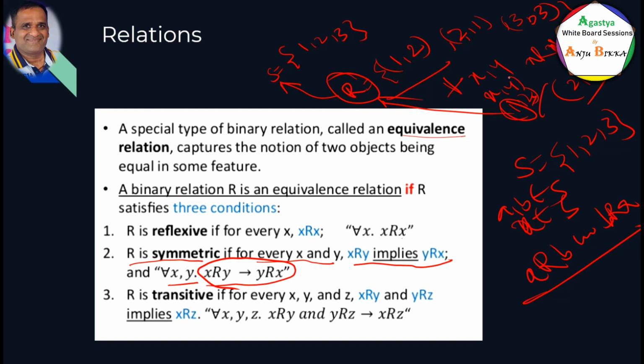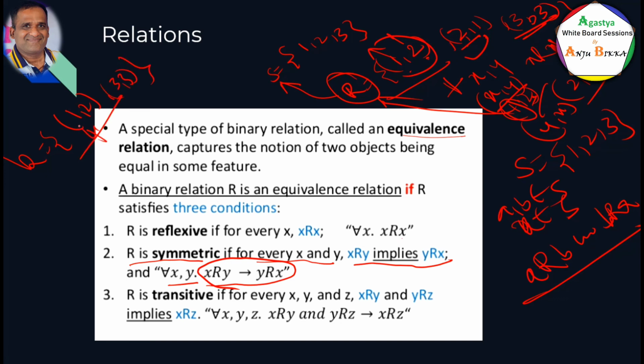If (x, y) belongs to R, then (y, x) also needs to belong to R. Since (1,2) and (2,1) belong to R, and (3,3) obviously belongs to R, this is symmetric. If we take another example, (1,2) and (3,3), this is not symmetric because (x, y) belongs to R but not (y, x). This is what a symmetric relation is.